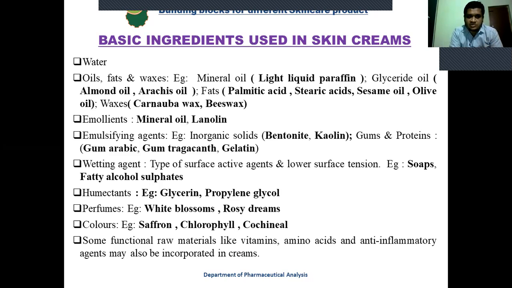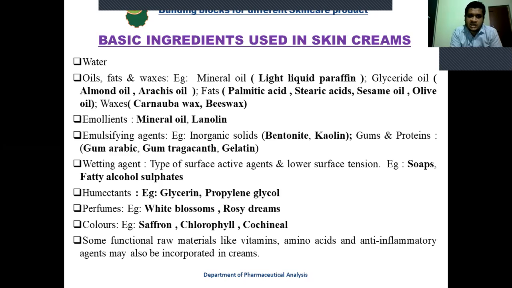Same in cream, there is a water and an oil phase. Whenever it is an oil phase, it can be oil, fat, or waxes. Different examples are arachis oil, almond oil, stearic acid as a fat, then olive oil, and waxes like beeswax and carnauba wax. Those are very common examples of various oils, fats, and waxes.